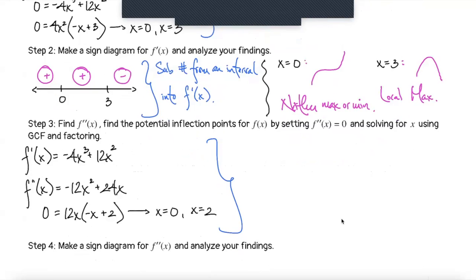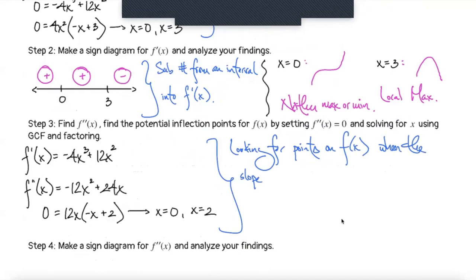And it turns out that if we set the second derivative equal to 0, we are looking for points on f of x when the slope changes.